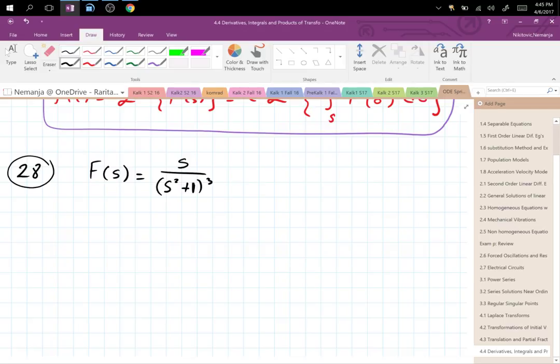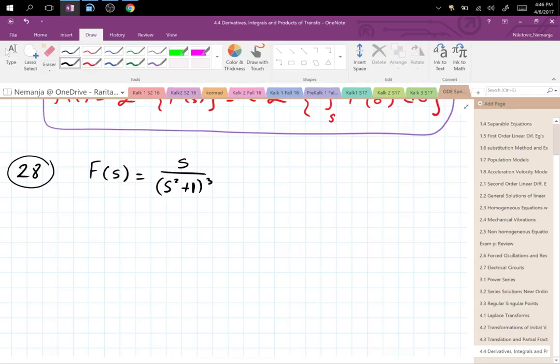So, can you do it with convolution? Yes or no, because there will be cosine, sine, and sine. Yes, it's just way too much.